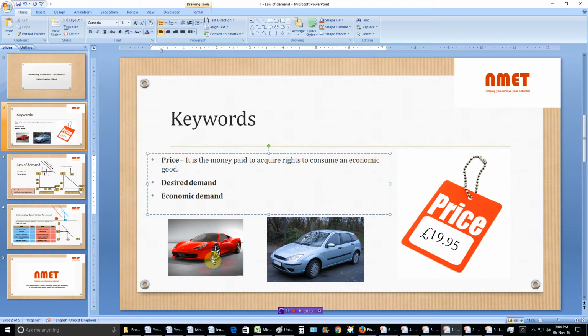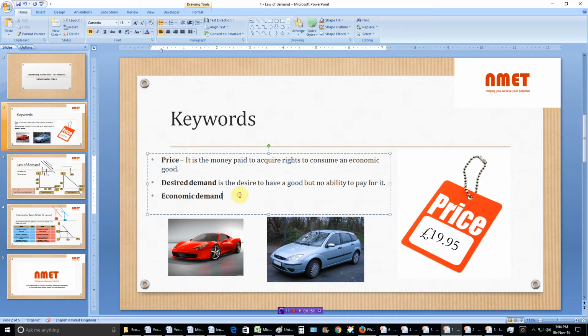So desired demand is the longing to have a good, but with no ability to pay for it.